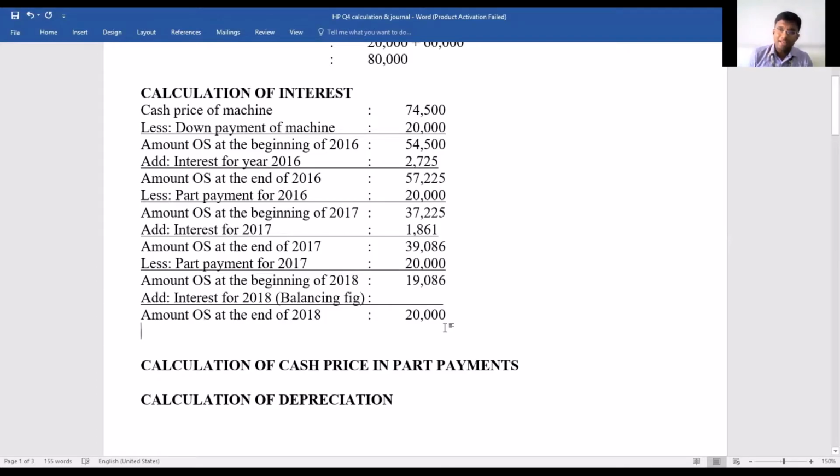But when you end up calculating the actual 5% of 19,086, you would notice that the amount is slightly higher, and we cannot afford to carry forward an outstanding amount into the next year, because the transaction is coming to an end over here. So we are forced to take the balancing figure, and the balancing figure is 914.